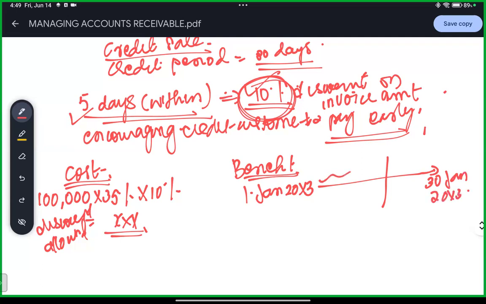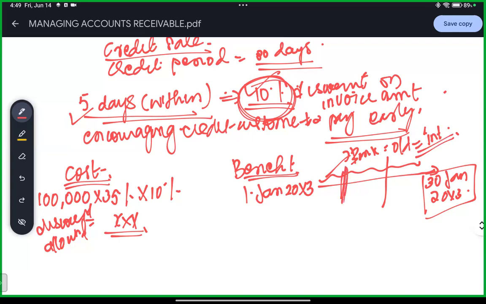So imagine in this time frame, if I immediately get a cash requirement, I don't have the cash because my cash is blocked as trade receivable. I'll have to go to a bank. I have to take an overdraft. And if I take an overdraft, I have to pay interest. But if you ask them to pay within 5 days, you don't have to go to the bank.